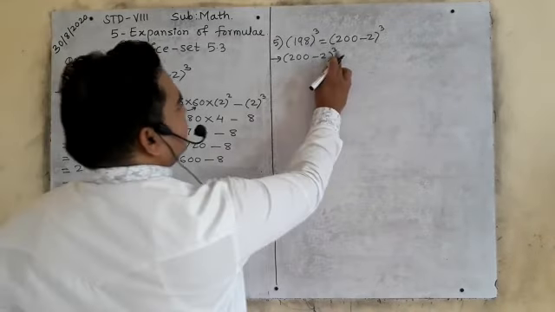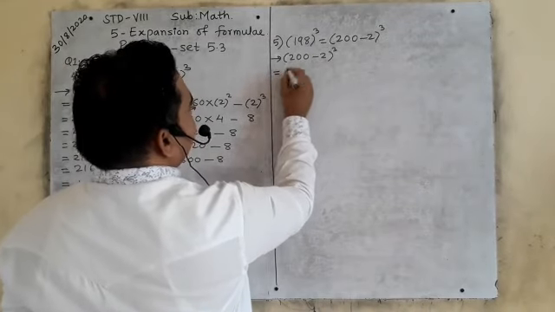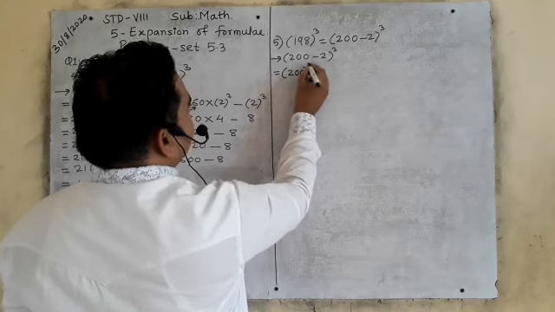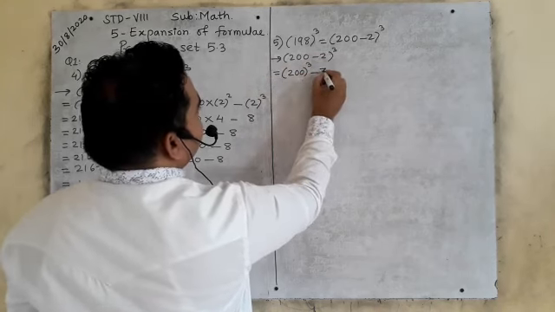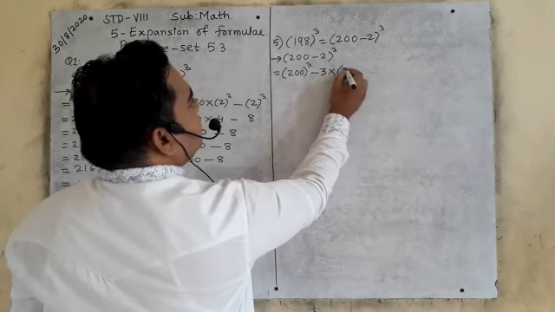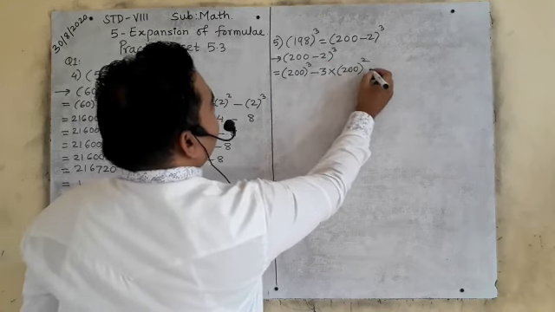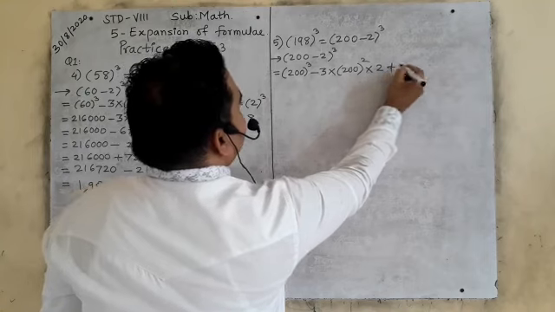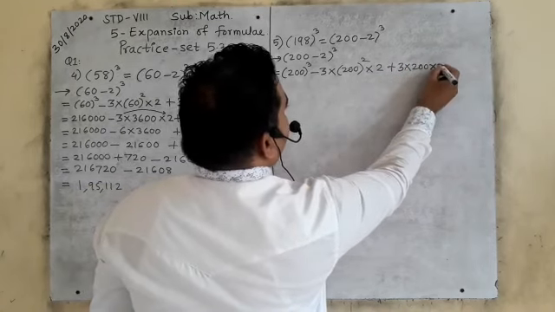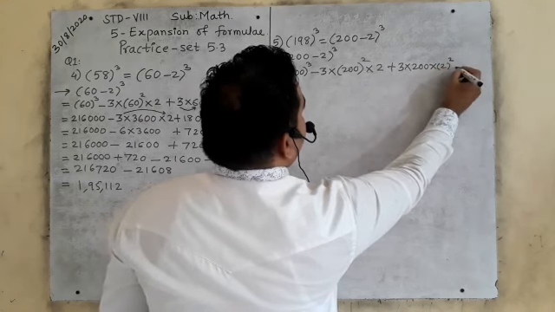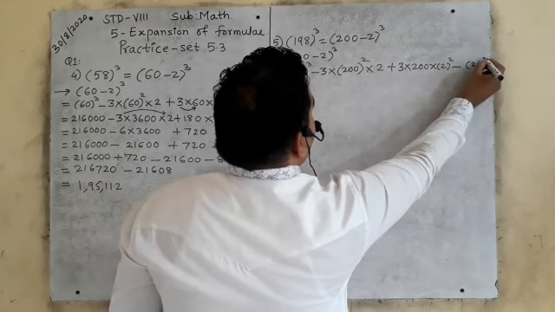Now what you will do, you will give this cube to the first term. First term is 200 cube, sign minus. Give this cube to both the terms in the multiplication form, but first term will carry square, multiply by second term, plus the same you will multiply here, but now the second term will carry the square, minus second term cube.